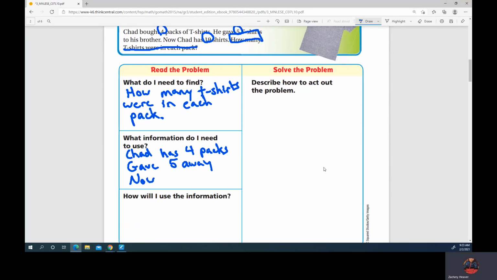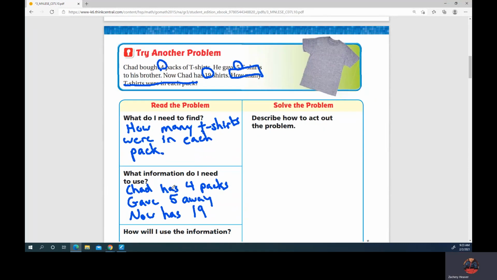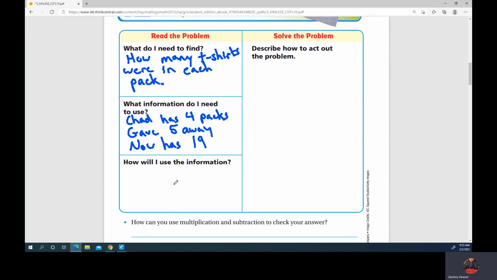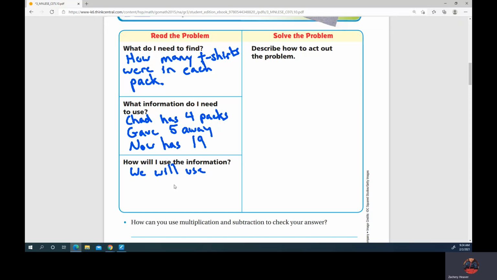I took everything out of the stuff that's circled. So he bought 4 packs, he gave 5 away, and he now has 19. There's a key word in how I'll use this information. Let's look at that for a second. It says Chad has 4 packs, he gave 5 away, and now he has 19.